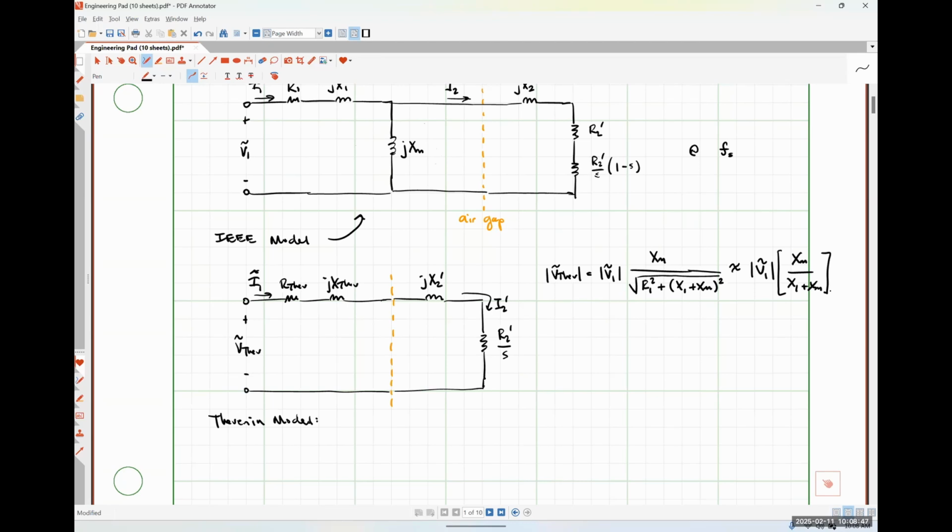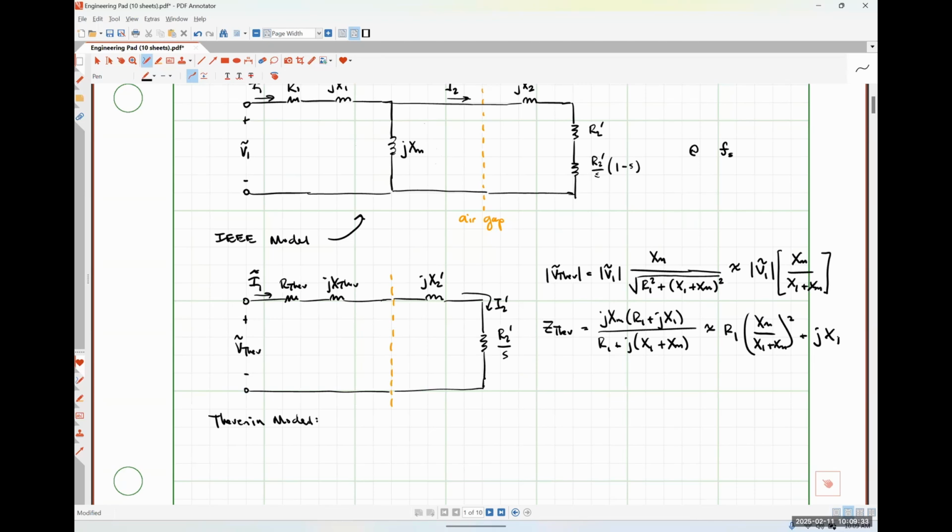Our Thevenin impedance, Zthev, will be equal to jXM times R1 plus jX1, all over R1 plus j times X1 plus XM, and that can be approximated as R1 times quantity XM over X1 plus XM, squared, plus jX1.